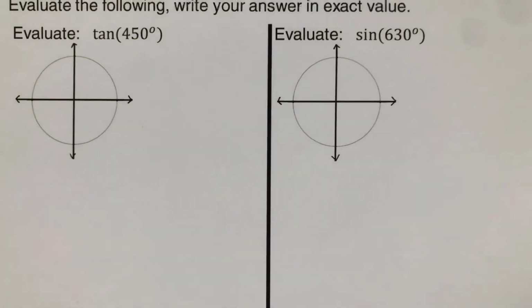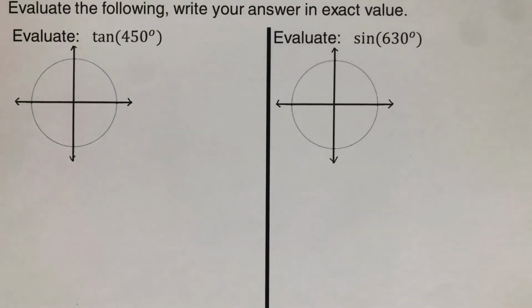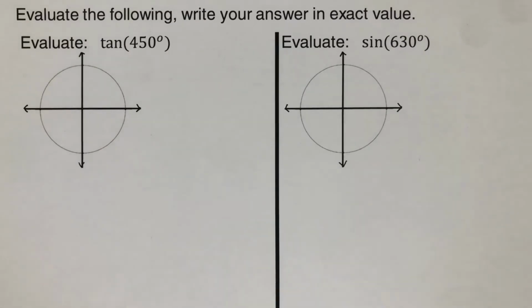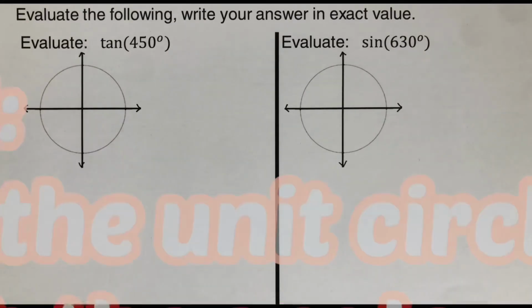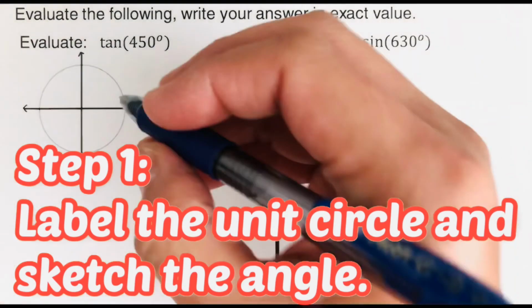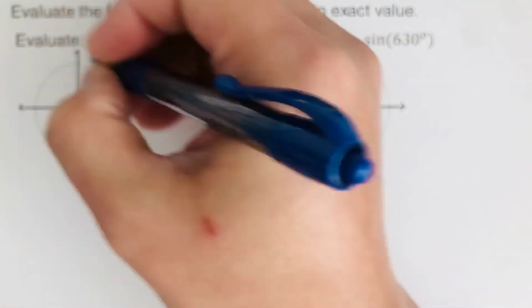So we have to evaluate tangent 450. So it's pretty much the same thing. So we are going to follow the steps. The first step is to label the unit circle and sketch the angle. So in this unit circle right here, I can go ahead and label this.